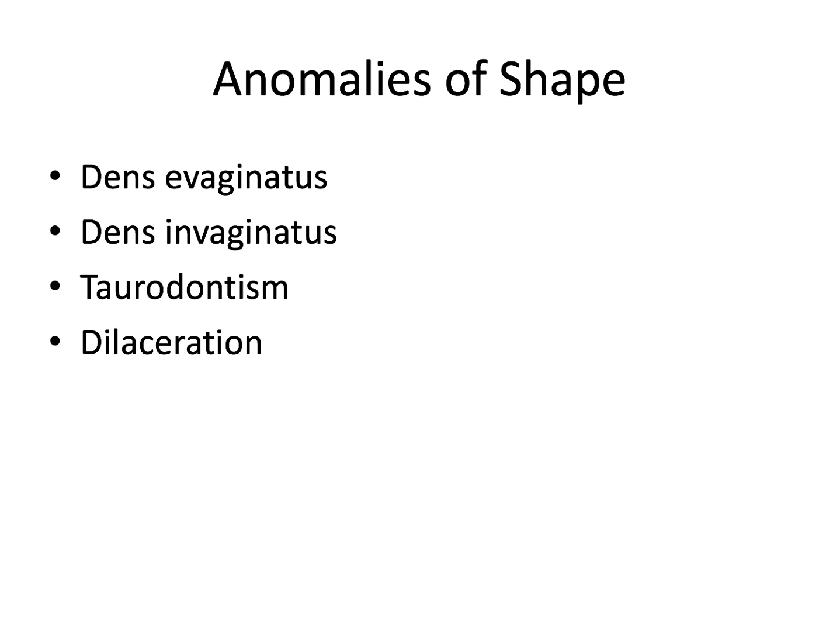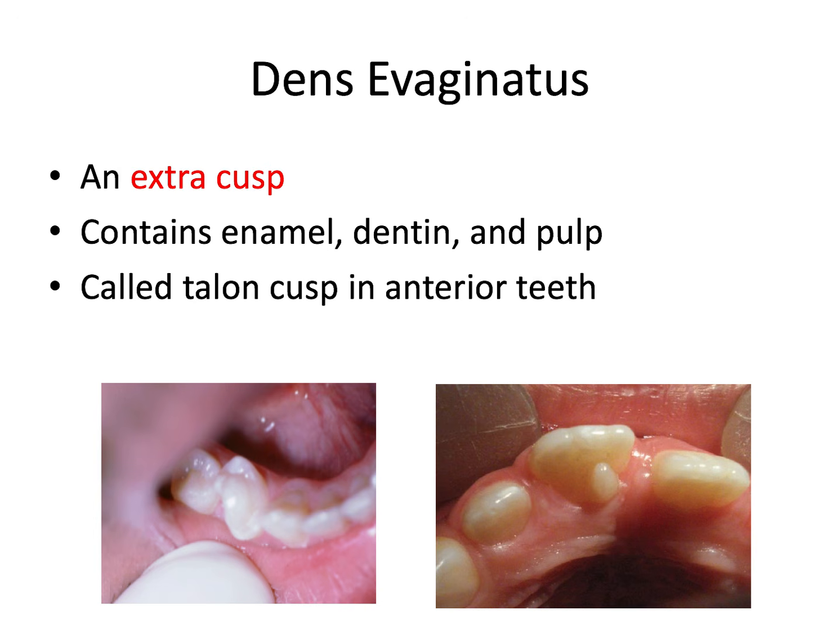All right, our next category is anomalies of shape, and we'll talk about these four in the next slides. So dens evaginatus is an extra cusp, and that extra cusp contains all the tooth material you would expect it to contain: enamel, dentin, and pulp. It's not just a bulge of enamel. This is literally an extra cusp.